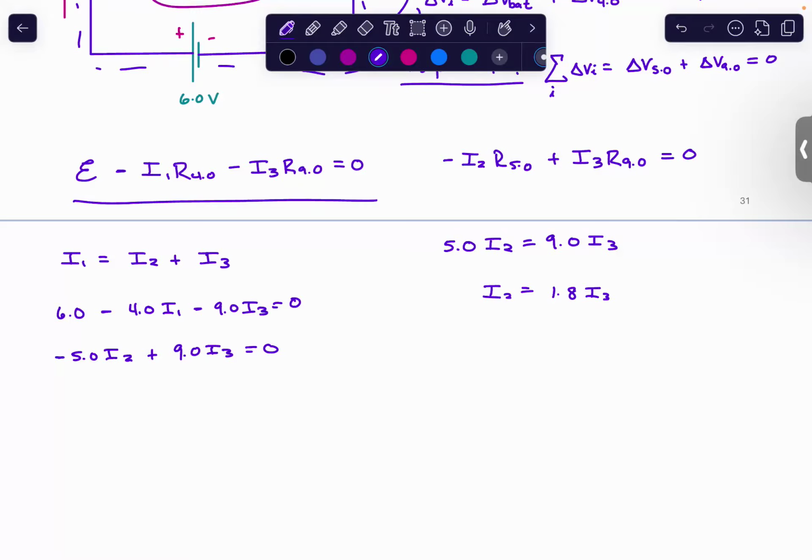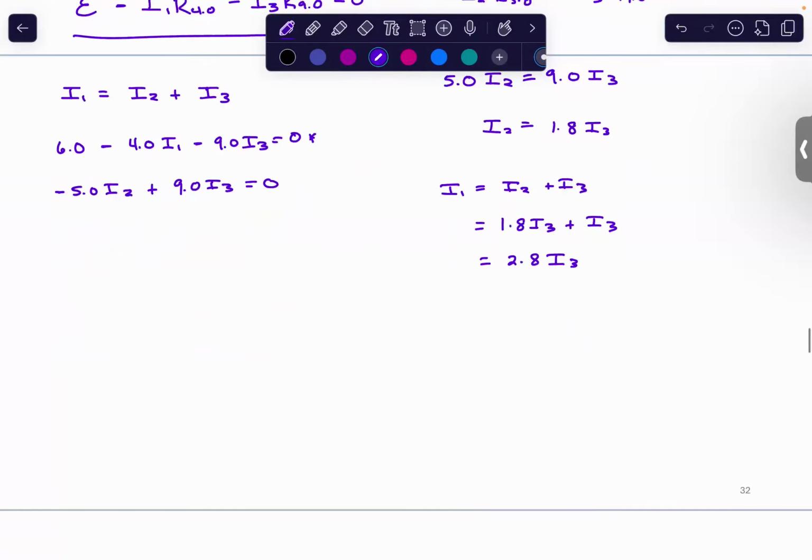So let's take the first equation there. I1 equals I2 plus I3. That's going to be 1.8 I3. This is now going to give me, so I1 is 2.8 I3. Then I'm going to take my bottom loop, and if I move those I1 and I3 to the other side, I'll get 4 I1 plus 9 I3 equals 6.0.